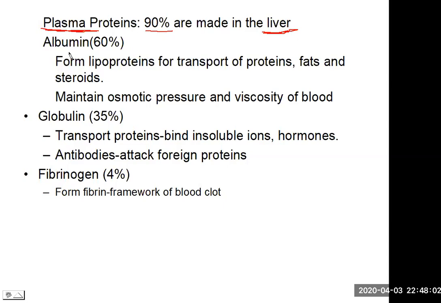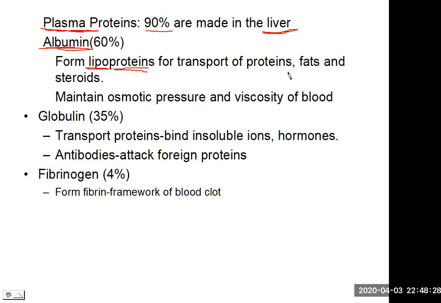So the albumins. Albumins as a category form what are called lipoprotein structures. So we have a protein structure that attaches onto a fatty lipid structure. The importance of these lipoproteins is that our blood is a large percentage of water.